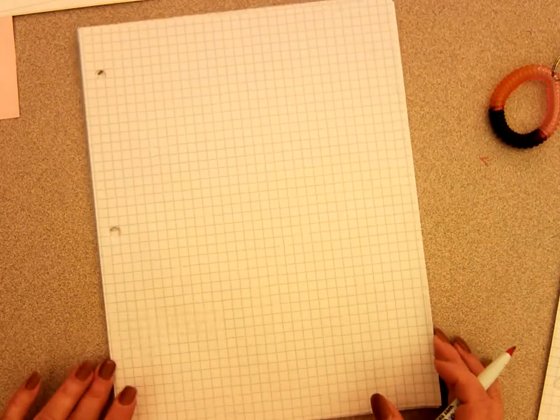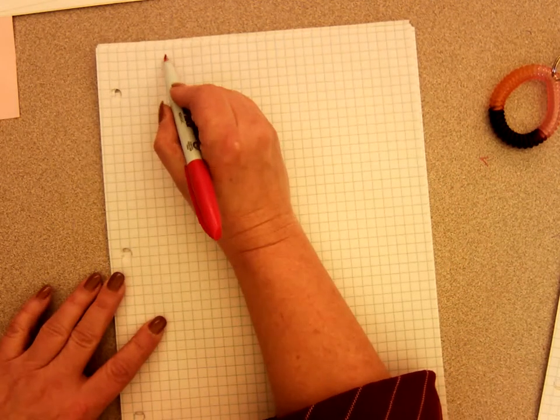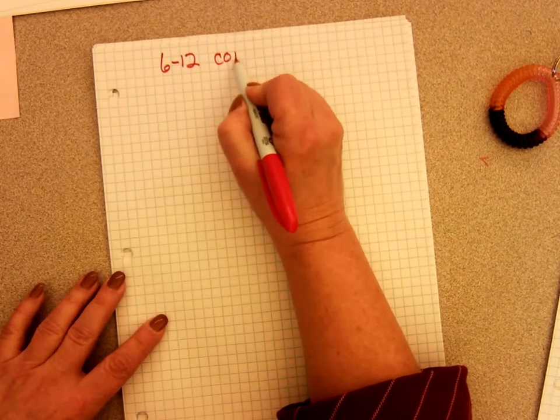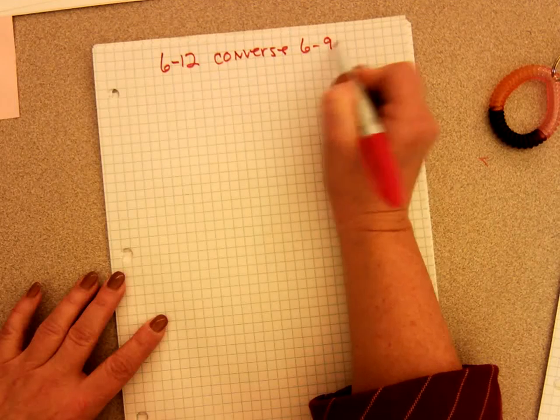Okay, the last thing in this section are 3 theorems. And they are all converses of earlier ones. So the first one is going to be 6-12. And it is a converse of 6-9.